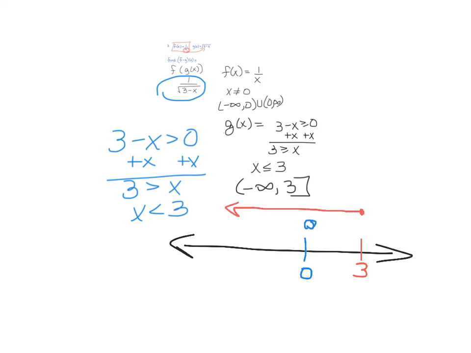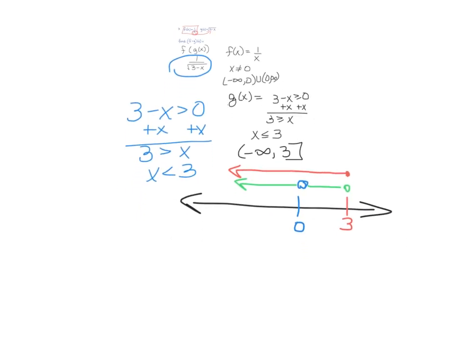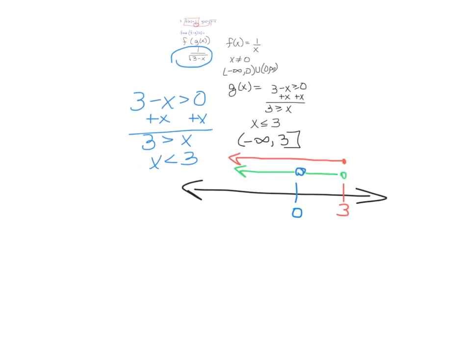But then this one was an open circle. So for this domain, again, it's going to be where all 3 are in common. So it's going to be from negative infinity up to the 0, union with 0 to 3. And we're not going to include the 3 because that would make the denominator 0.